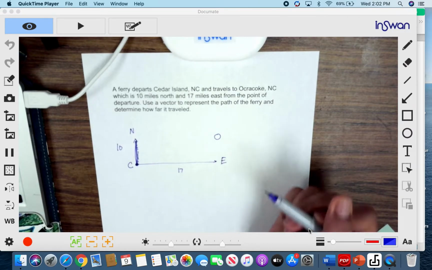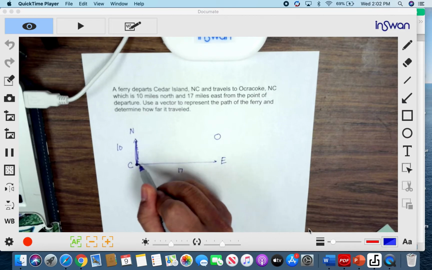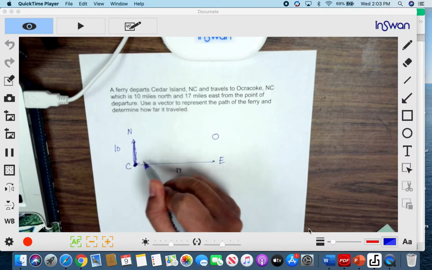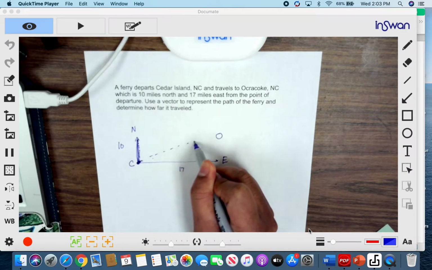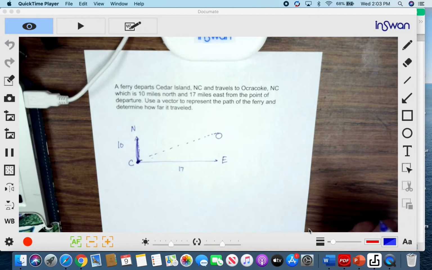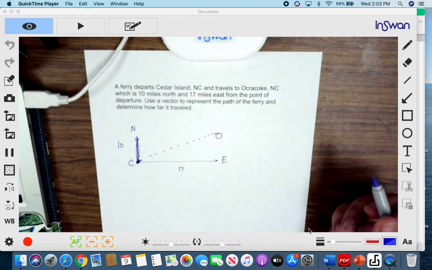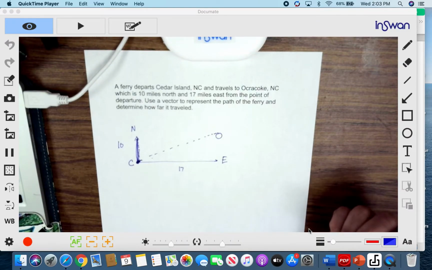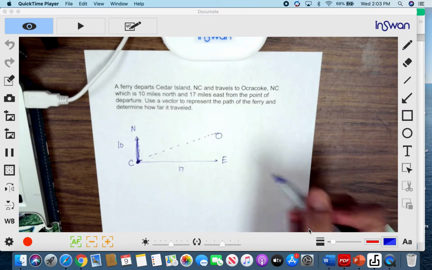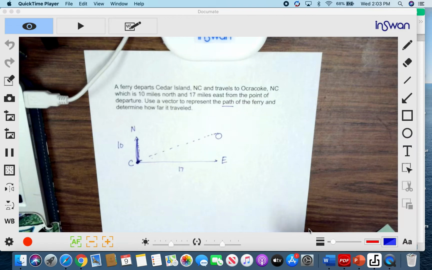Okay? Now, our problem asks us to also find the distance it traveled from the point of departure to Ocracoke. So, we're trying to find this distance. Now, notice that we are creating a parallelogram, so it prompts us to add vectors in order to find the path of the ferry.